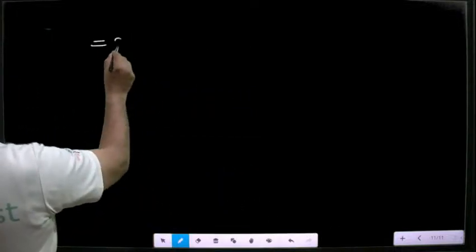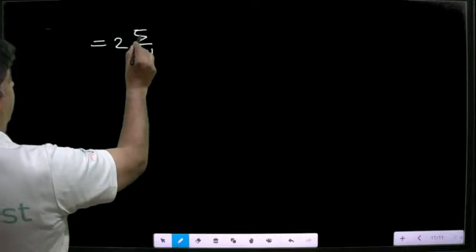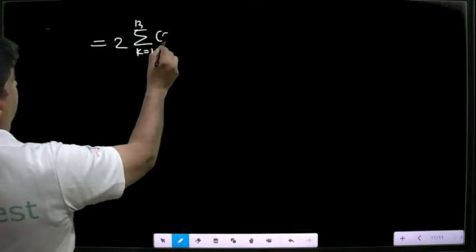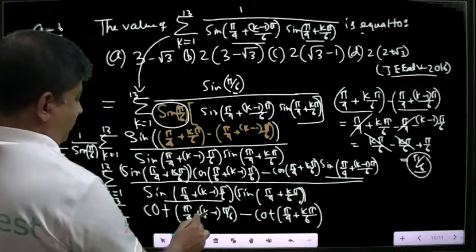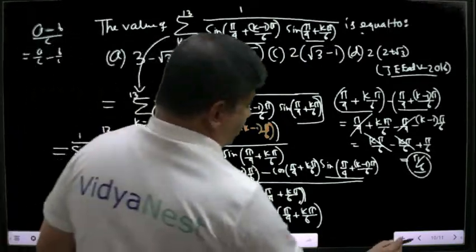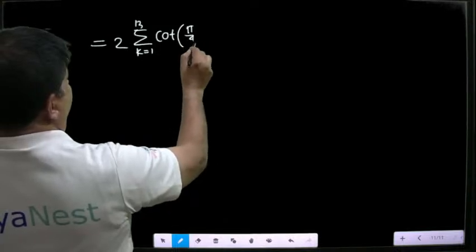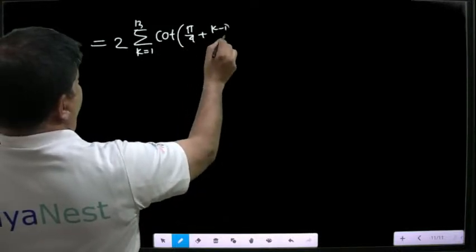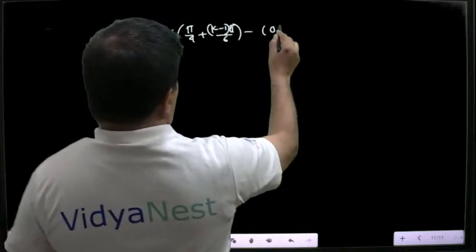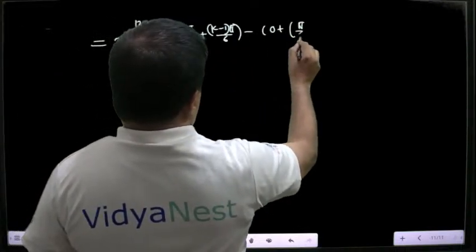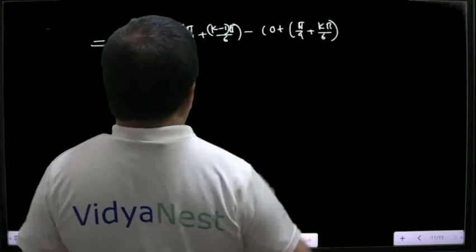So till now what we have got, k equal to 1 to 13, cot(π/4 plus (k minus 1)π/6) minus cot(π/4 plus kπ/6).